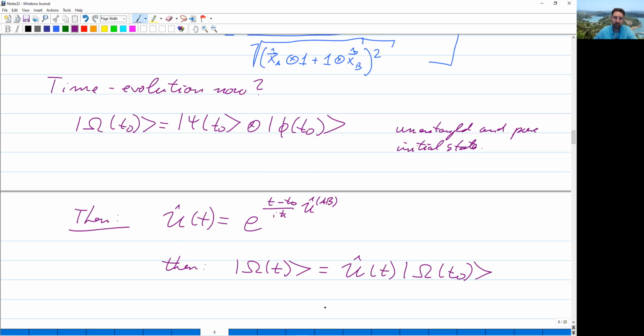And explicitly, this is simply e to the power of t minus t naught divided by i h bar, and then, oh, did I write U hat up here? This is H hat. See, if this was a live lecture, one of you would have told me for sure. Probably all of you would have told me by now.